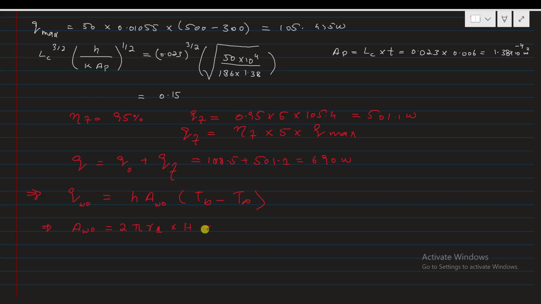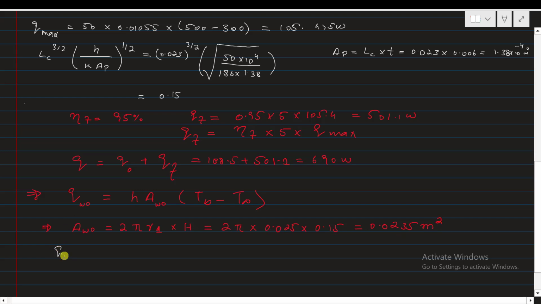This is the surface area of the cylinder without fin consideration. So you will get 2 pi r1, that is 0.025, multiplied by height 0.15. You will get its value, that is 0.0235 meter square.